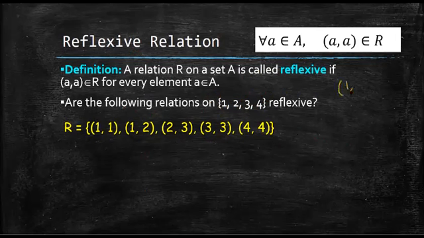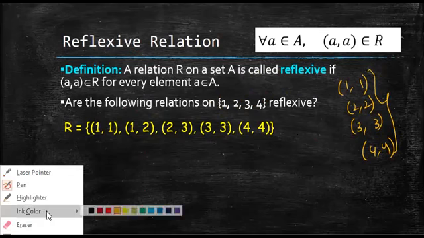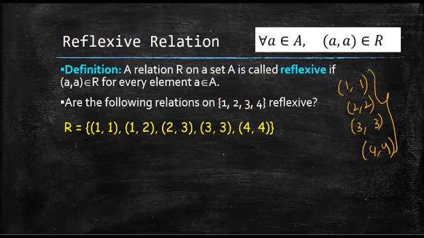It should contain 1, 1, 2, 2, 3, 3 and 4, 4. So any relation, if it contains all these ordered pairs, can be considered reflexive. So let's check for the same. For our relation R, does it have 1, 1? Yes, it has 1, 1.